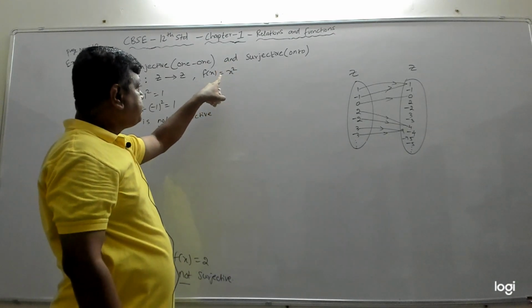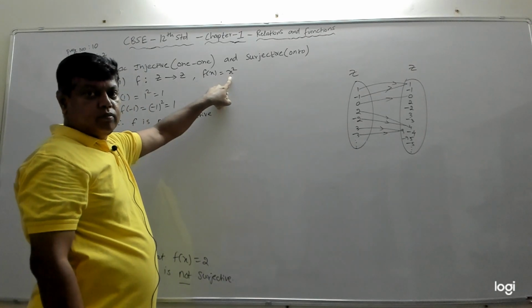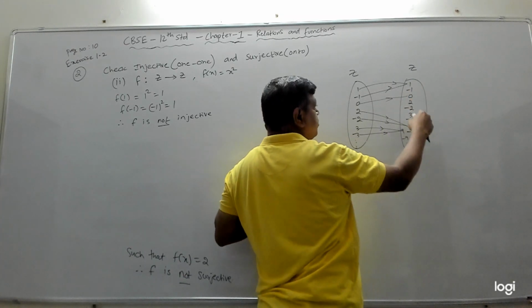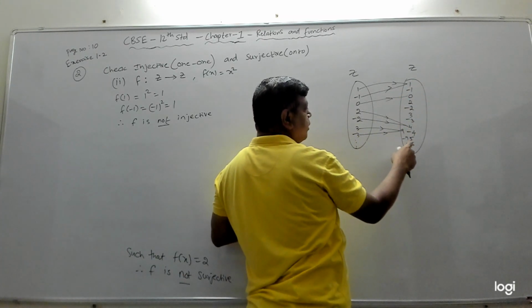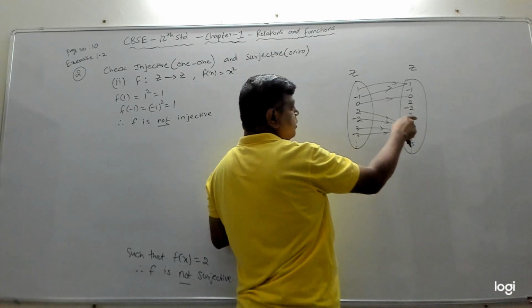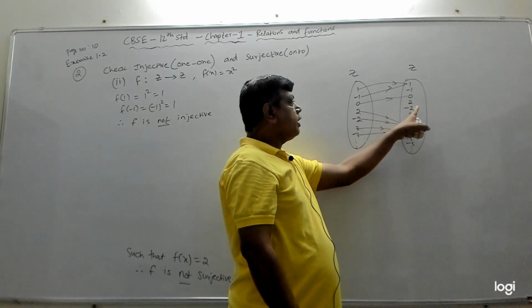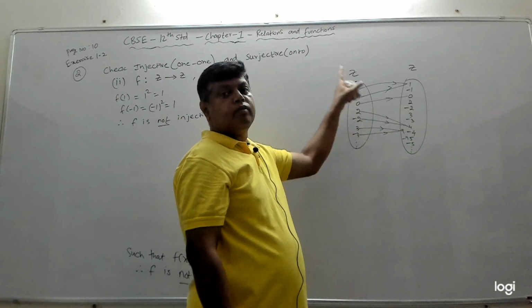So all these elements are mapped to only 0 or positive numbers: 1, 4, 9, 16, 25 and so on. So negative numbers cannot be the image of any numbers here.